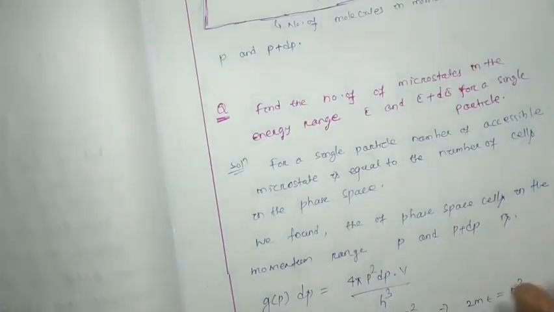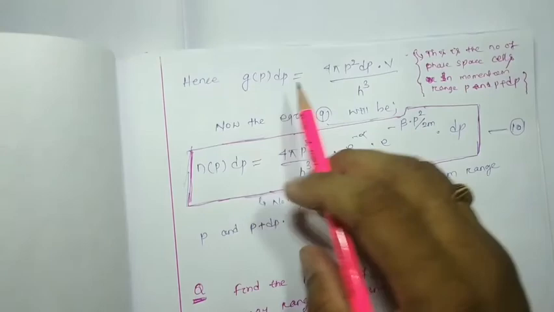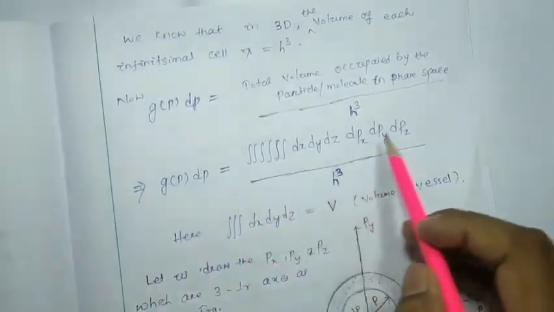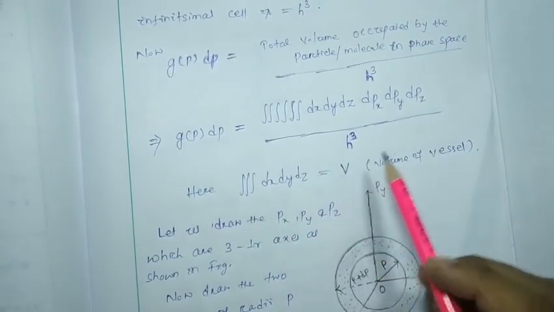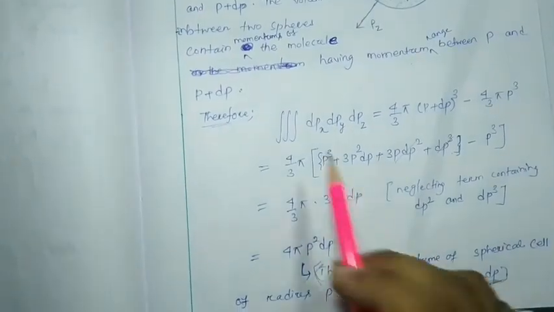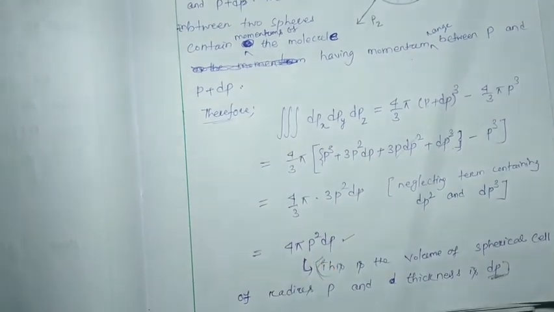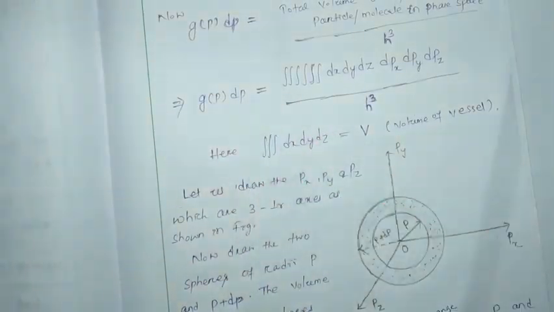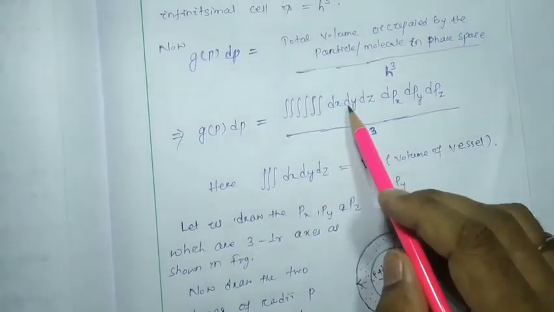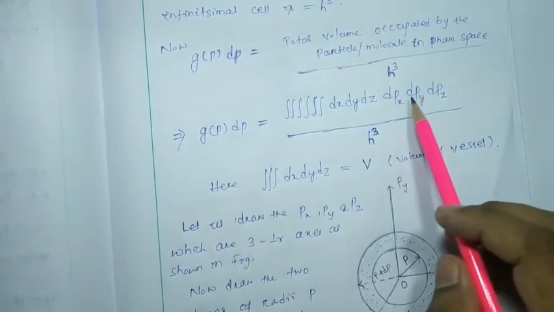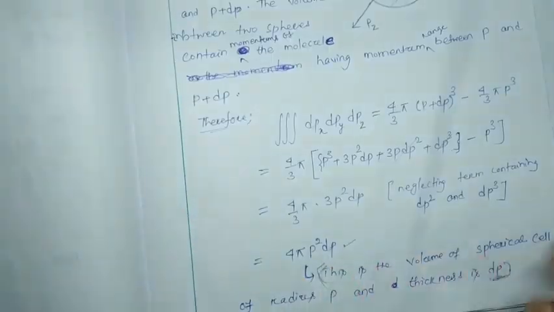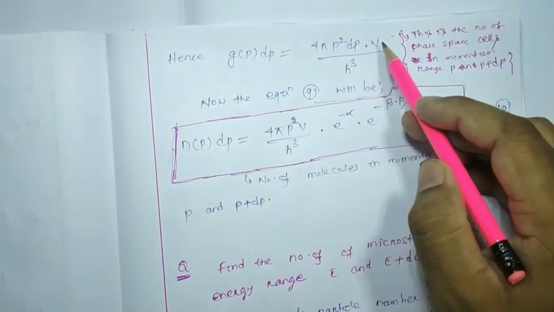Hence g(p)dp will be, putting in the value of the triple integration of dx, dy, dz as V, and this triple integration value as 4 pi p square dp, divided by h^3: 4 pi p square dp into V by h^3.